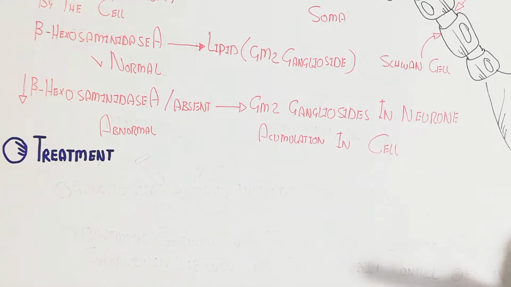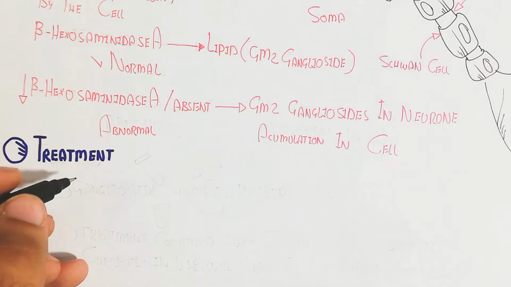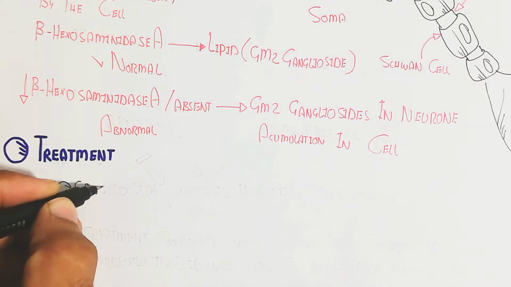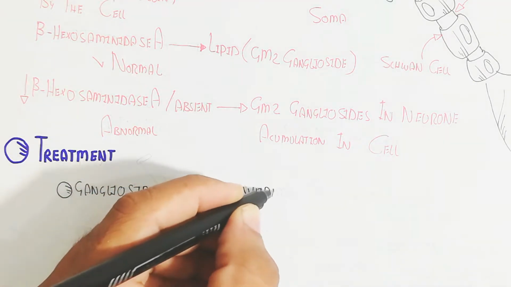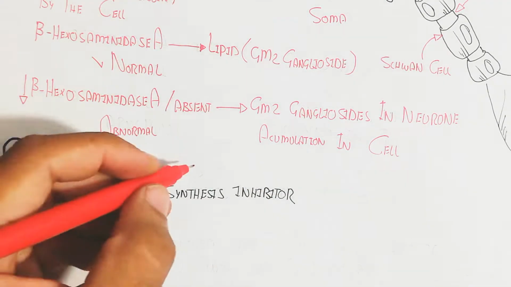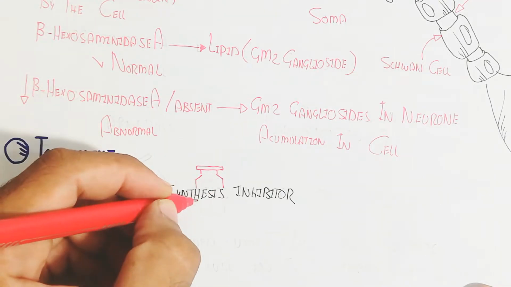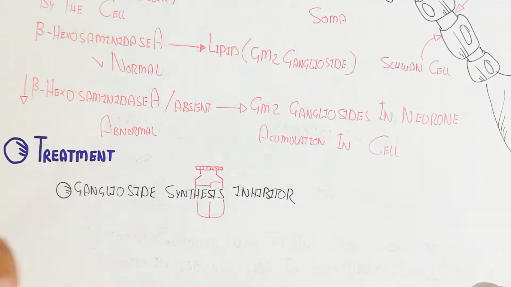For treatment, a ganglioside synthesis inhibitor can be used. It means the ganglioside will not be synthesized, because the synthesis process is different, which we will discuss in the next video.